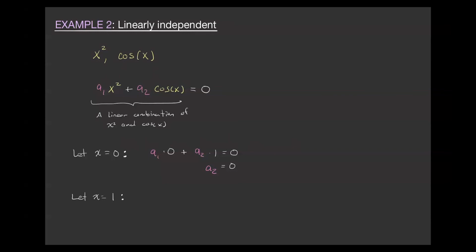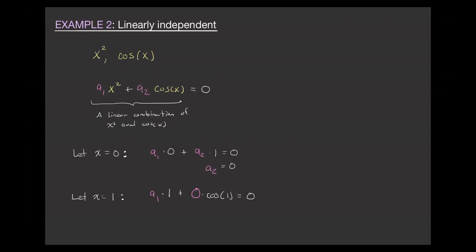And again, there's flexibility. You could have chosen x equal to 7 or -2. Then you'll have a1 times 1, because 1 squared is 1. Then you have plus a2, but now we said that a2 is 0, so I'm just going to put 0 there. And cosine of 1, I don't care what cosine of 1 is exactly, because it's just being multiplied by 0.